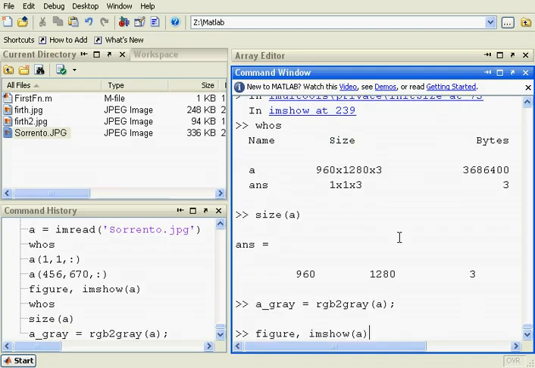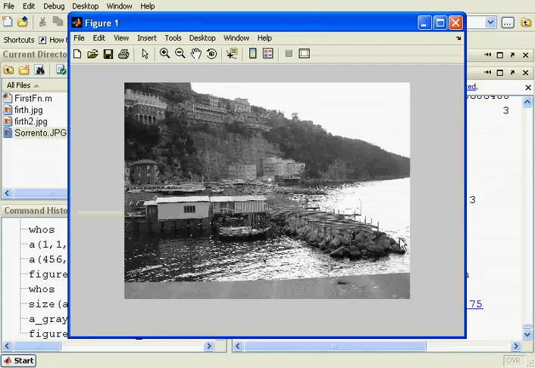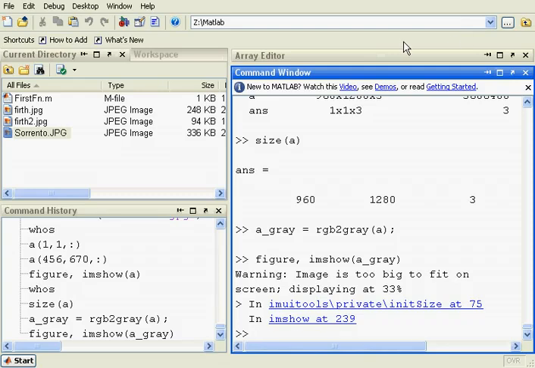Let's have a look at it. So there it is in grayscale, and now I'm going to look at the histogram of that.